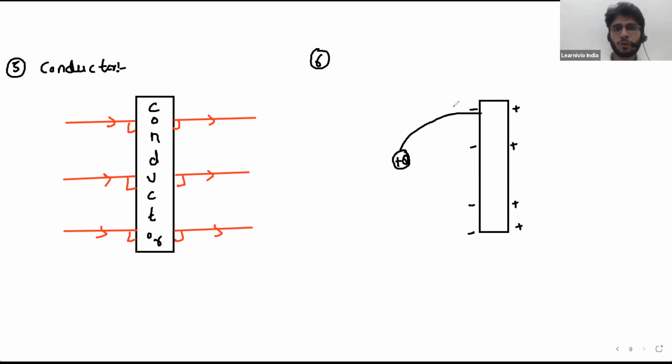The field lines originate from the positive charge and terminate at the negative charge. And for this side, this will be positive always.